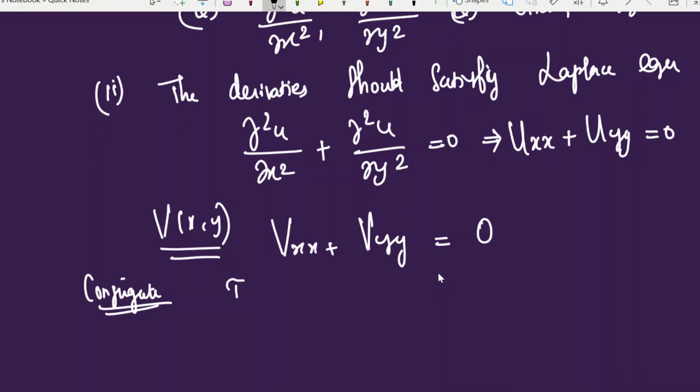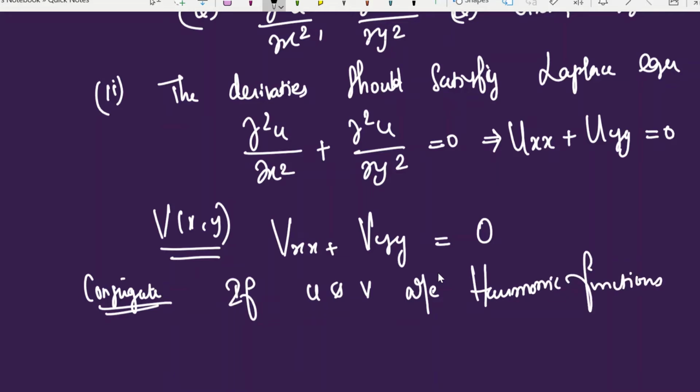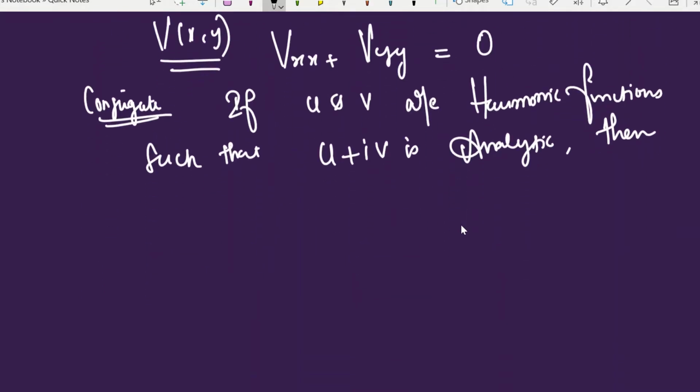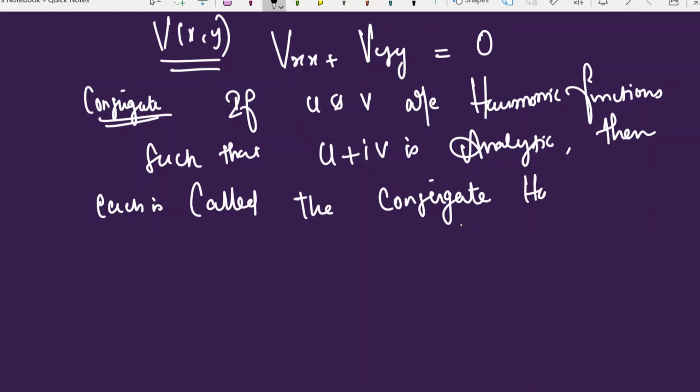If u and v are harmonic functions such that u plus iv is analytic, then each is called the conjugate harmonic function of the other. So v is a conjugate of u, and u is a conjugate of v.